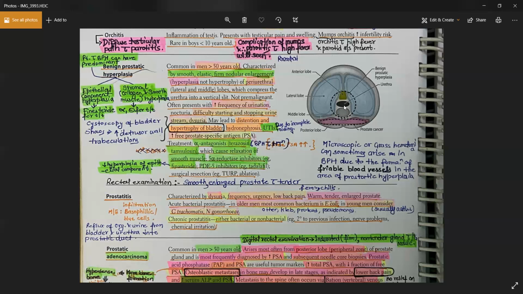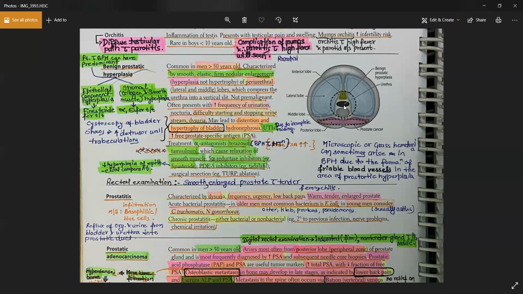The patient will have a weak urinary stream, and a history of overflow incontinence. The patient will have a problem with starting and stopping urination. Initially they have a problem starting the micturition, but once they start, they cannot stop it.